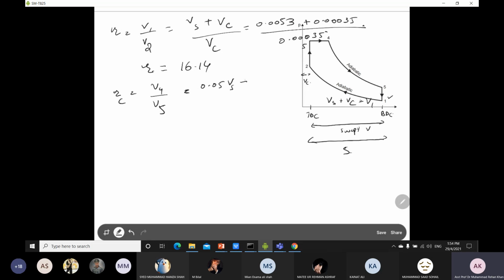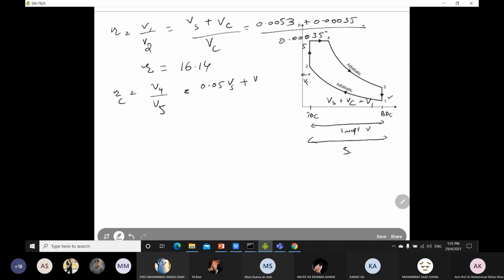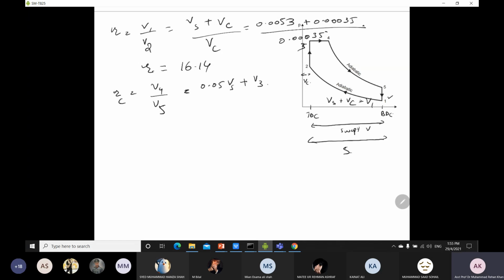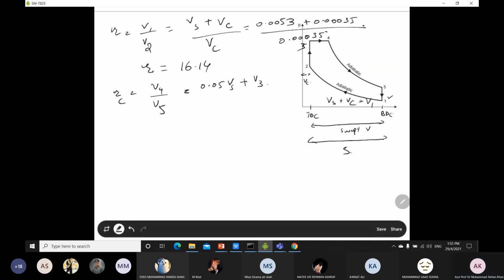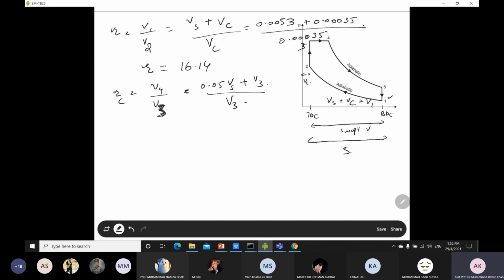And then we can say that V4 is equal to 0.05 Vs plus V3. Okay, sorry, it is the V3 point. So do not confuse over there. It is the point number 3. Okay, so now this is the equation, and we have all the values of Vs and V3, because V3 is the clearance volume.